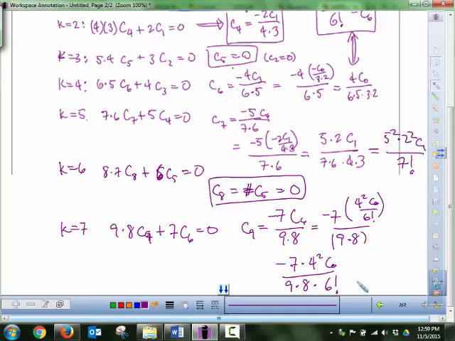So the only thing missing down there is a 7. So if we square the 7, we can put another 7 down below. That would be 9 times 8 times 7 times 6 times 5, etc. So we get a negative 7 squared, 4 squared, C sub 0 divided by 9 factorial.